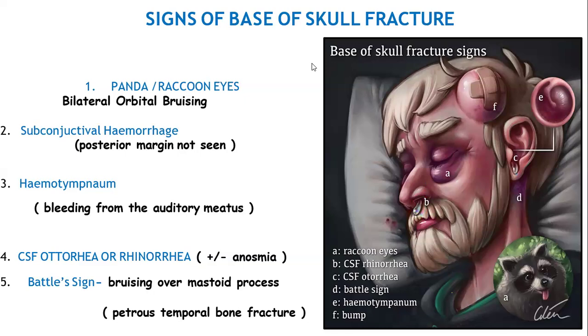Beta transferrin, tau protein. Yes, you do a bedside test. On the bedside test, you put the CSF on a paper. There is blotting and there becomes a circle. From that, you can appreciate it is CSF or not. That is tau protein, beta transferrin.